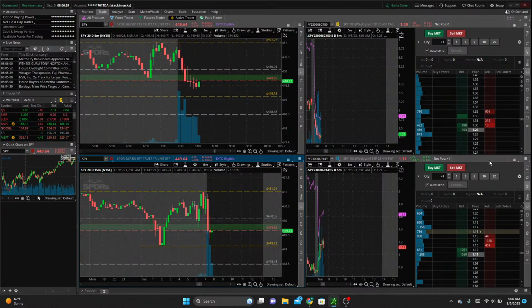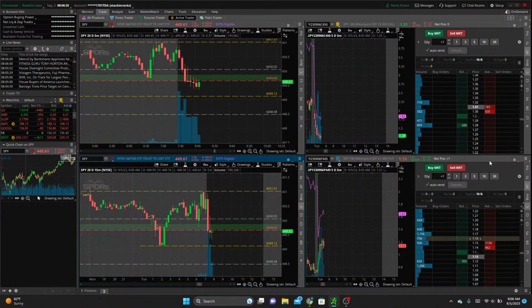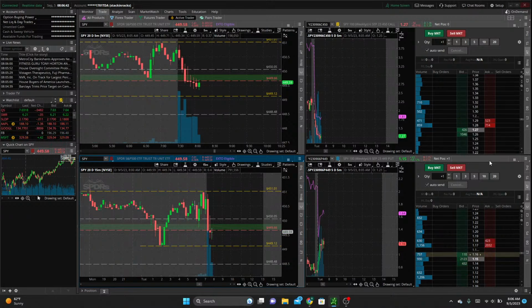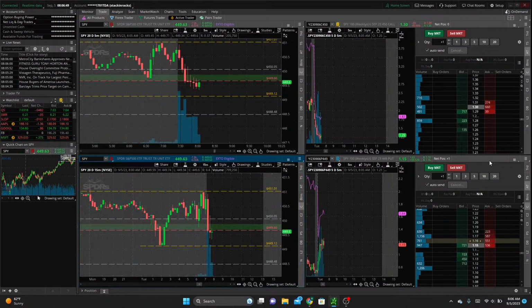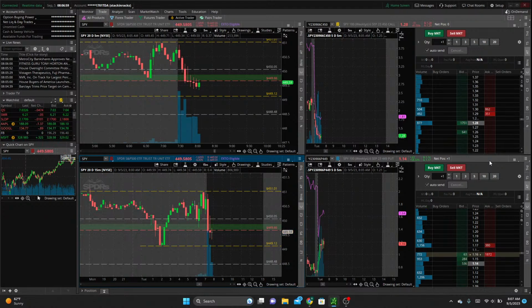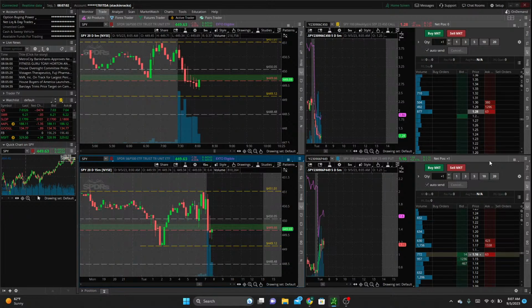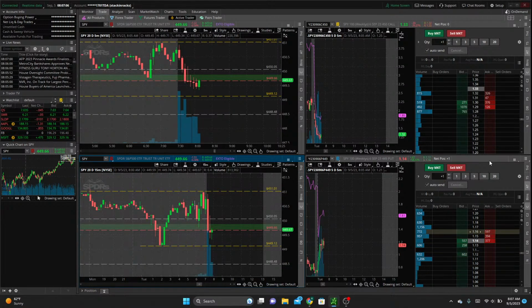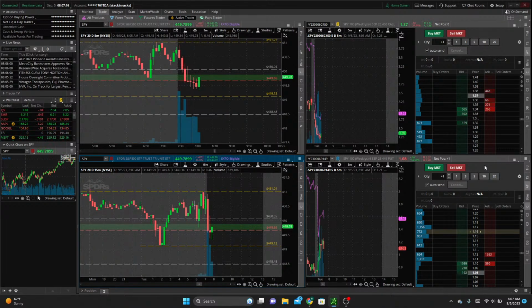So retesting that area again. We're getting close to that upper zone.